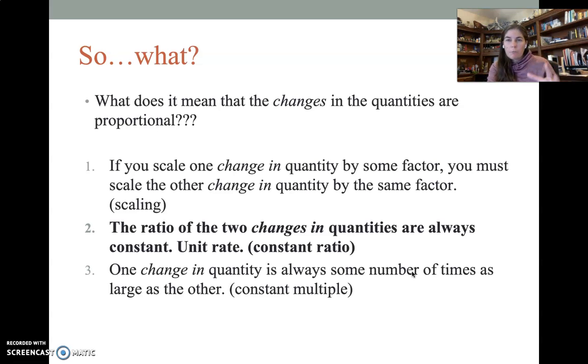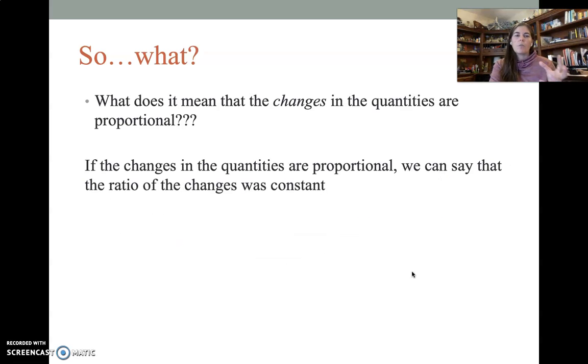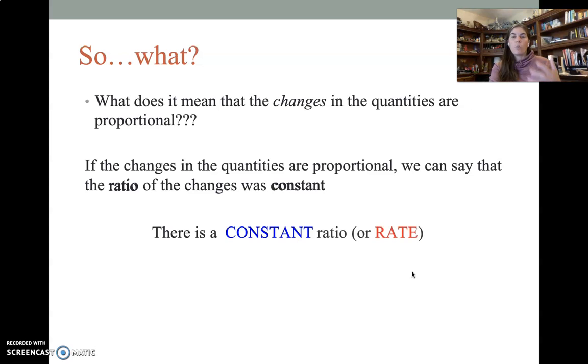We don't generally use all those words and make it sound so wordy and confusing. Really, we can say this: if the changes in quantities are proportional, we say the ratio of the changes is constant. And again, this is the way we kind of say it. We say that there's a constant ratio, or rate is the word we use, of change. So it's this big idea here, and maybe you're like, no, it's not.